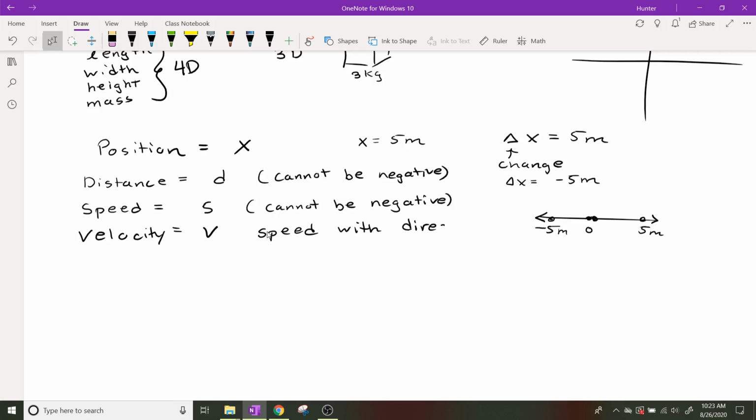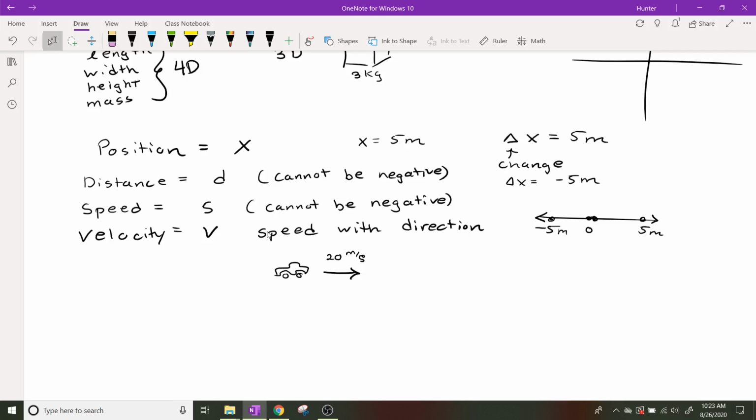Which means that the same rules apply. If I'm moving this direction, let's say that we have a car, a little sombrero car, and the sombrero car is moving at 20 meters per second. I would consider this a positive number because it's moving to the right.